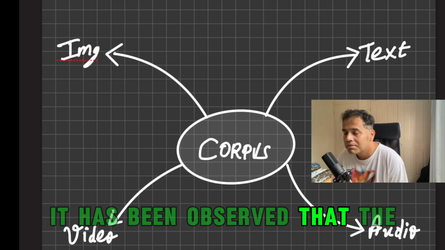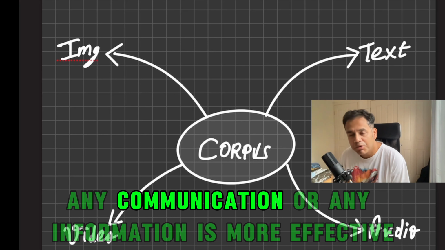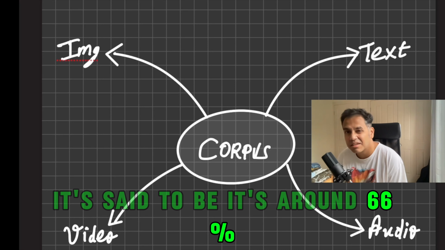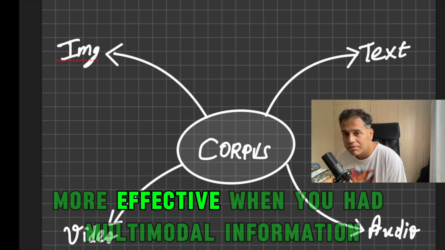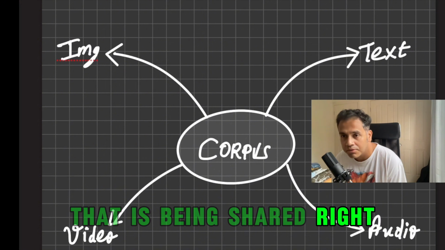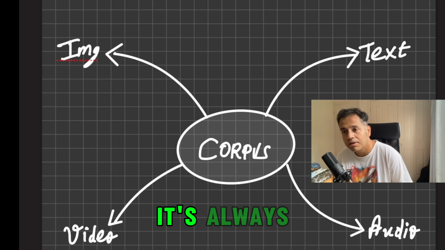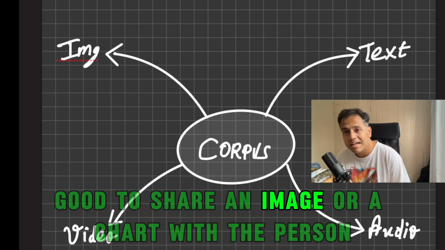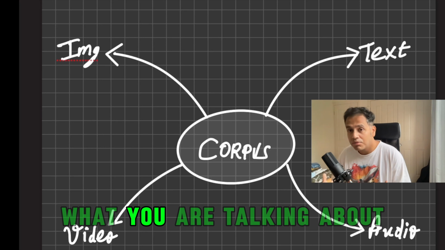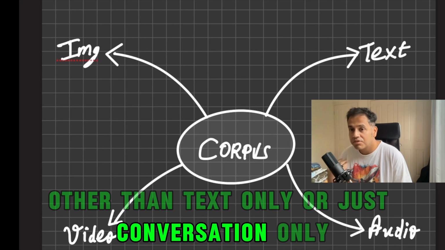It has been observed that any communication or any information is around 66% more effective when multimodal information is being shared. For example, when you're presenting to someone, it's always good to share an image or a chart with the person so that they're able to understand what you're talking about rather than text only or just conversation only.